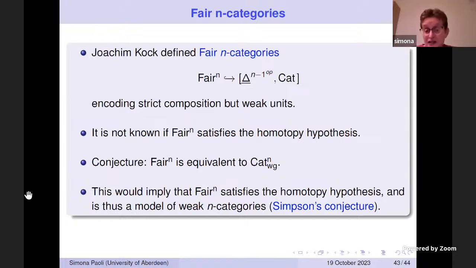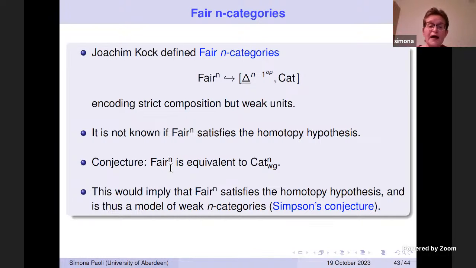So what I conjecture is that Fair_n is equivalent to Cat_n weakly globular. I've not proved this, I'm working on this. I'm reasonably hopeful because the techniques that I have used in dimension 2 really have nothing to do with the equivalence of the structure in dimension 2 with bicategories. There are a lot of technical things in my book that I think can be adapted, generalized from the case n equals 2.